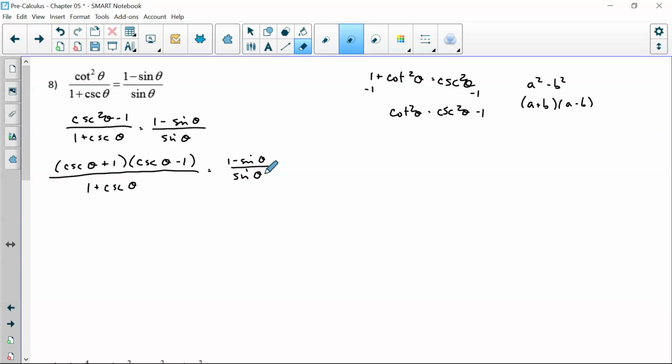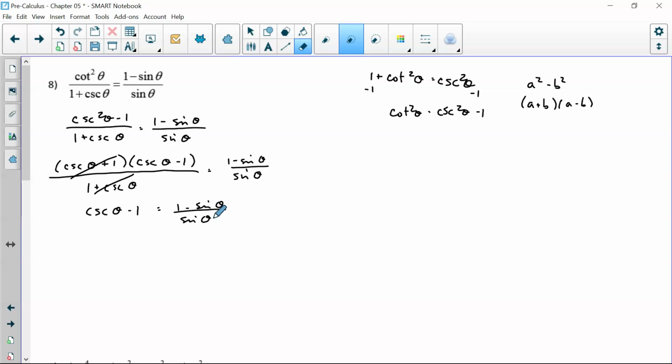It's a tricky one. Now, order doesn't matter for multiplication. Cosecant of theta plus 1, 1 plus cosecant of theta, they're the same. They cancel out. So we end up with the cosecant of theta minus 1 equals 1 minus the sine of theta, all divided by the sine of theta.